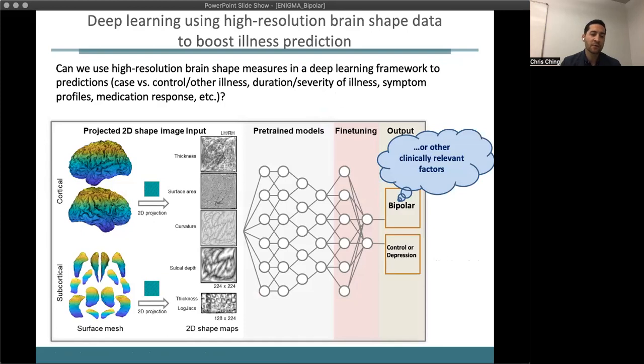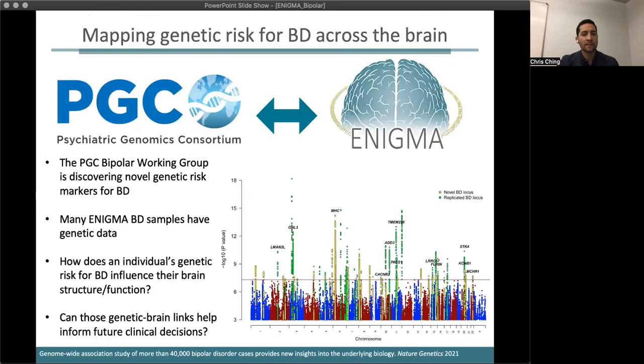And so as I showed before in one of those foundational studies, our first study to use machine learning, we topped out at about 65% accuracy to tell the difference between individuals with bipolar disorder versus controls. These methods may help us boost that performance, and not just performing diagnostic classification, but also trying to predict duration and severity of illness, symptom profiles, medication responses, and more.